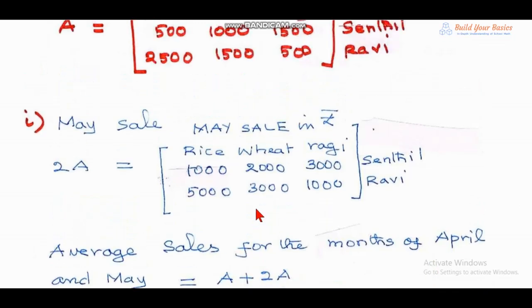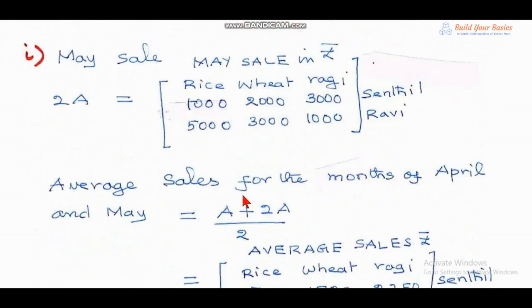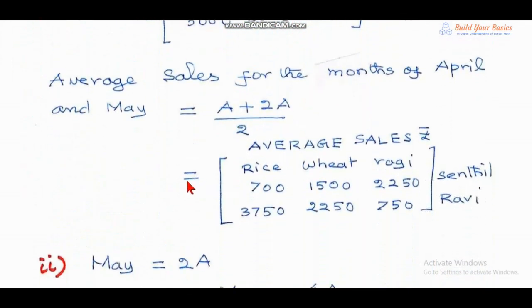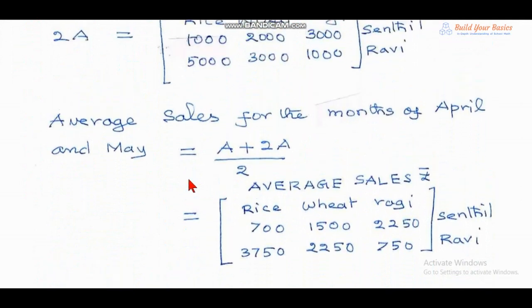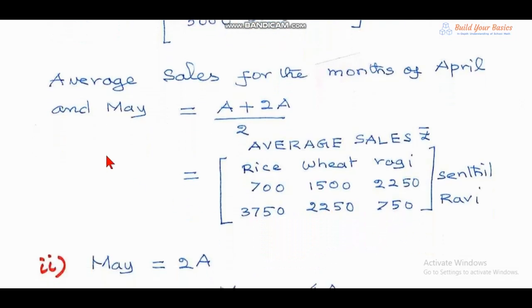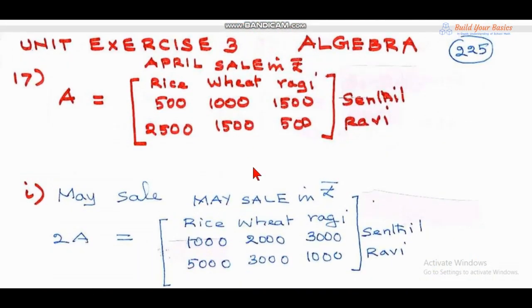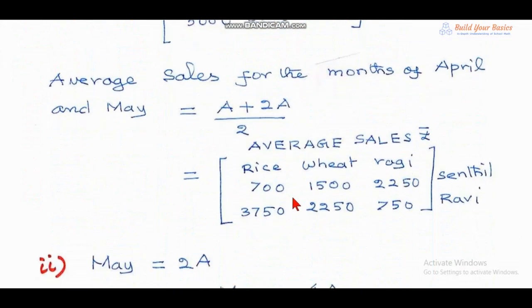So we have to add these 2 matrices and divide by 2. That is equal to 750, 1500, 2250, 3750, 2250 and 750. And this is A plus 2A divided by 2. The 2 matrices are added and divided by 2.